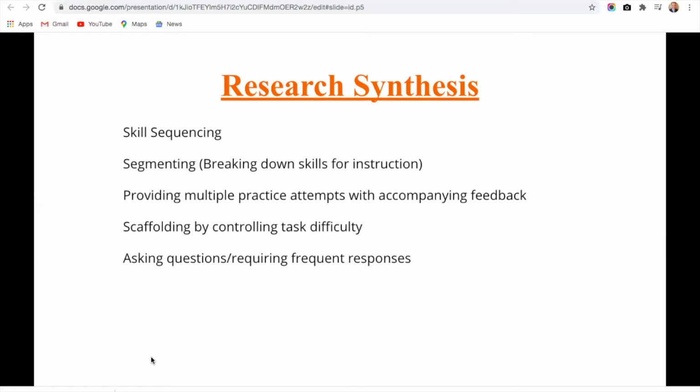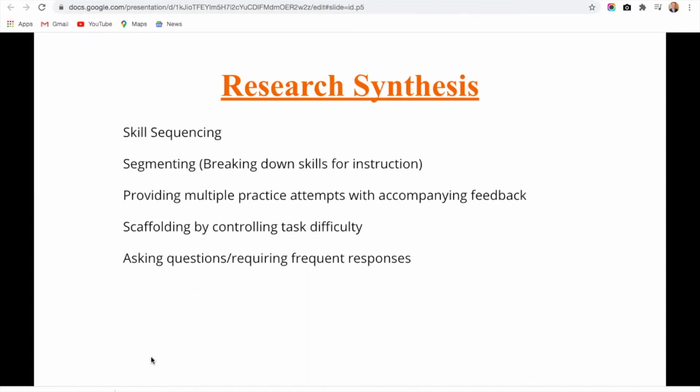We provide them with so much practice that we know that the practice with accompanying feedback is really what works. It's roll the sleeves up, get the skills in front of them, and make sure that we're working toward developing some success within that skill set. And when we provide multiple practice attempts, it's important that we do some practice that is spaced out, that we practice the skill for a while and we go away from it and we come back to it, and we do that throughout the year.